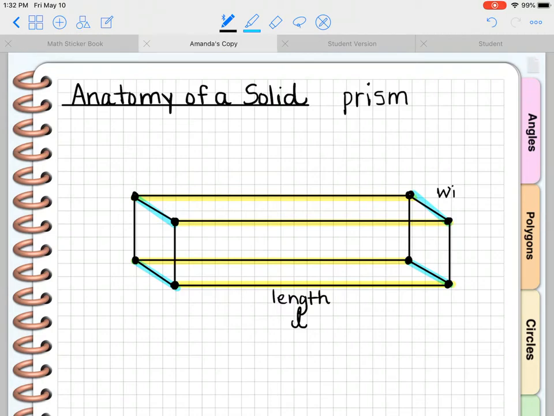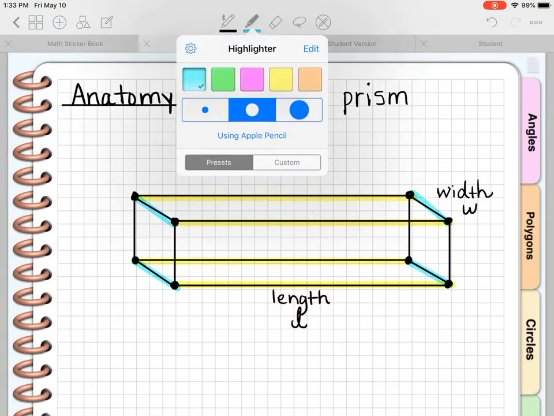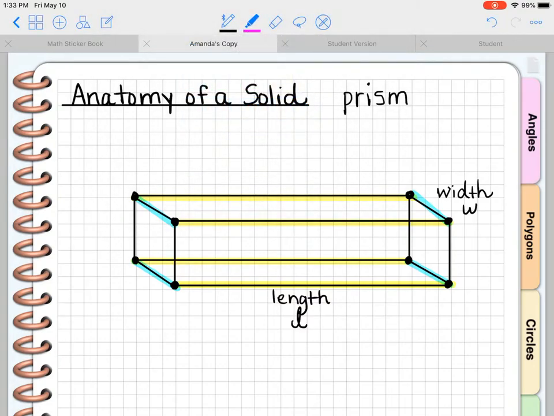And the variable for width is W. That makes sense. Length and width. And we've been working with length and width now for a while, but we've added a 3rd dimension, and I'll make that pink, and that's the height. So we have 4 of those also.